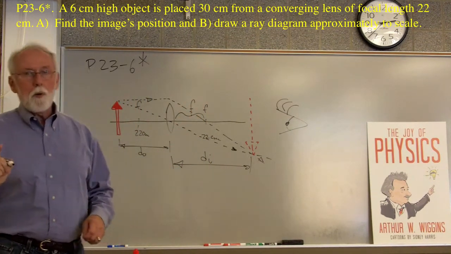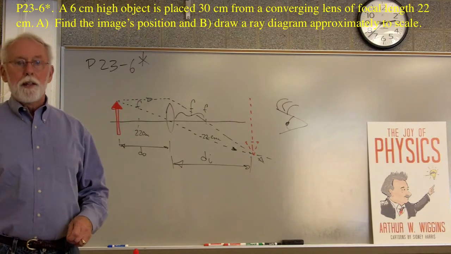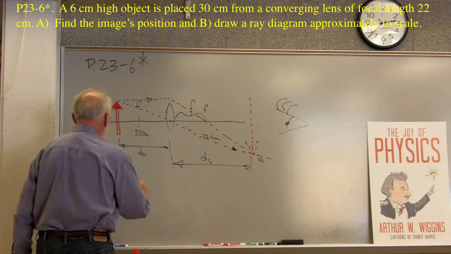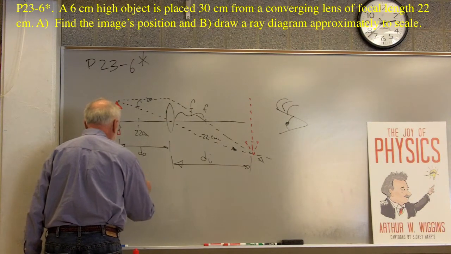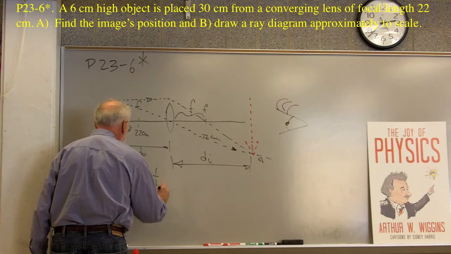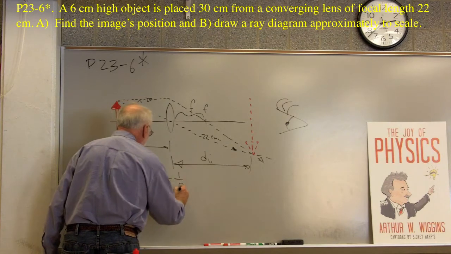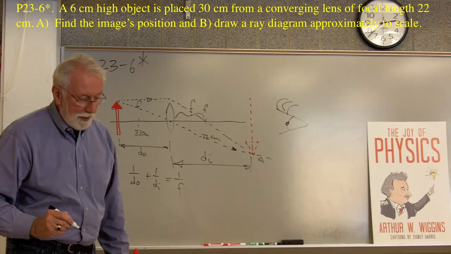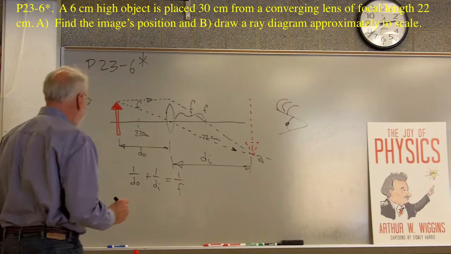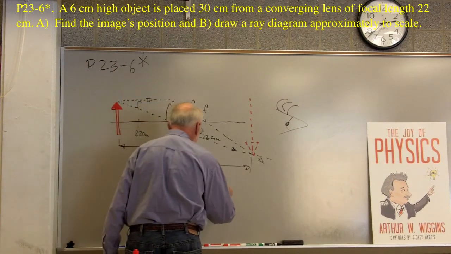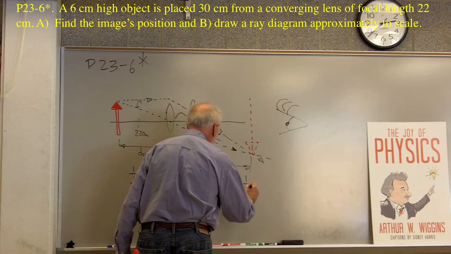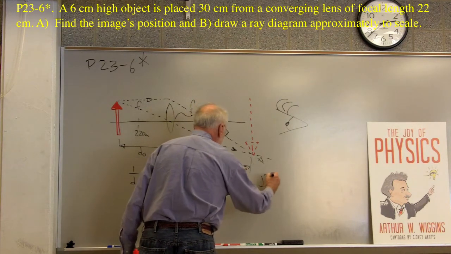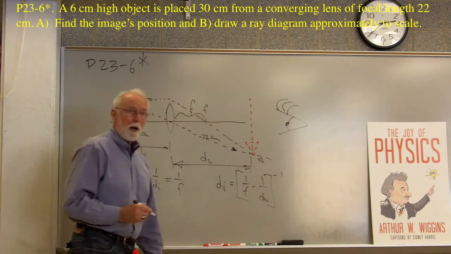The really nice equation that describes all this that you'll find in your physics book is 1 over dO plus 1 over di equals 1 over f. So when you solve that, you find that di is the same thing as (1 over f minus 1 over dO) all to the minus 1 power.